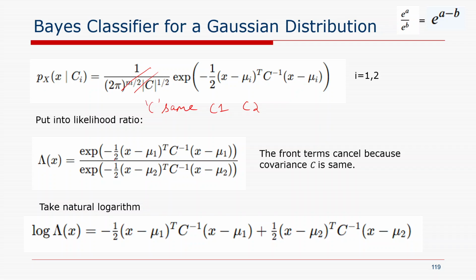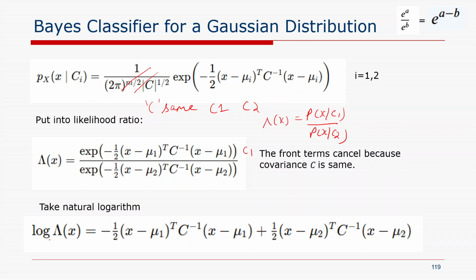Therefore, in the numerator, we'll have the exponent of minus 1 by 2 (x minus mu1) transpose C inverse (x minus mu1), because the numerator is for class 1, since lambda of x is P of x given C1 by P of x given C2. Therefore, the denominator will have the equivalent term for class 2. Now, we will take the natural logarithm on both sides.